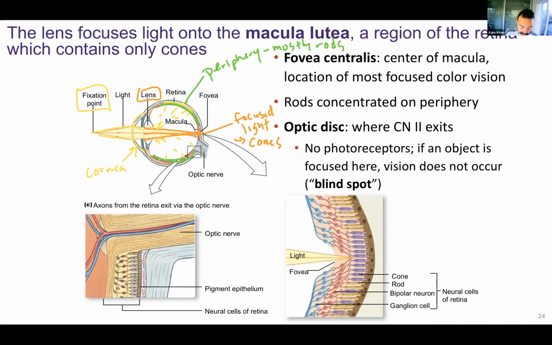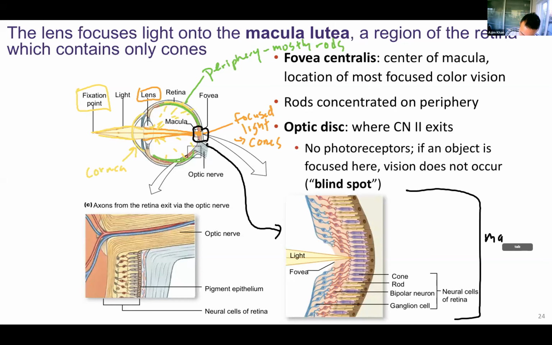Even more interesting, if you look in more detail at this place, which, by the way, we call the macula lutea, where we focus light, we can see a high concentration of cones, lots of cones here.